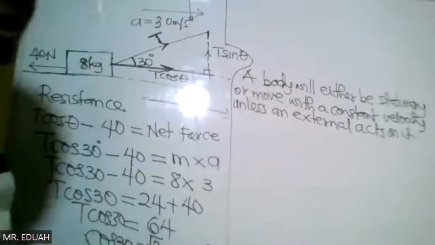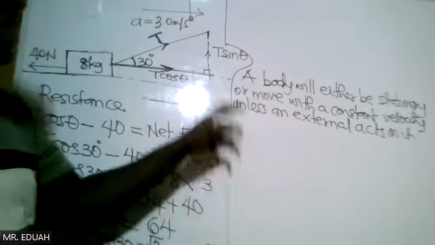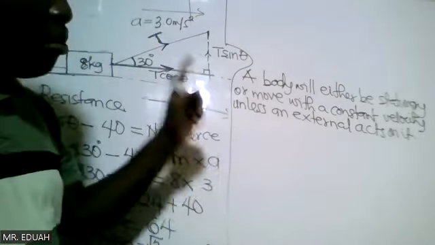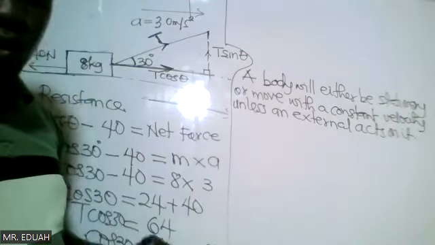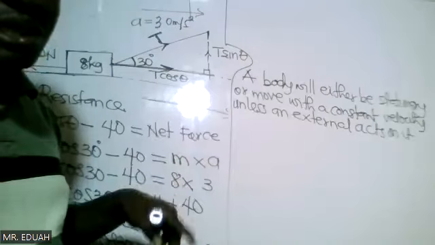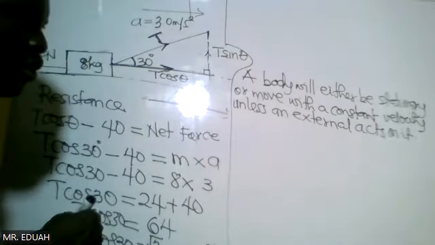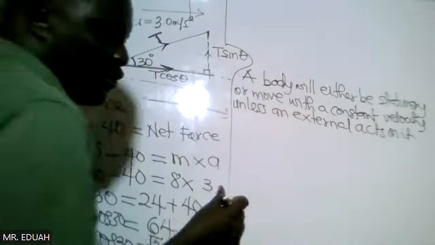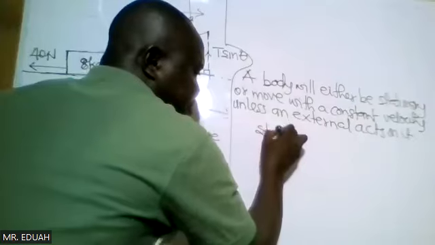So if there's no external force acting, the body would either be stationary or move with a constant velocity. When the external force comes, it changes.